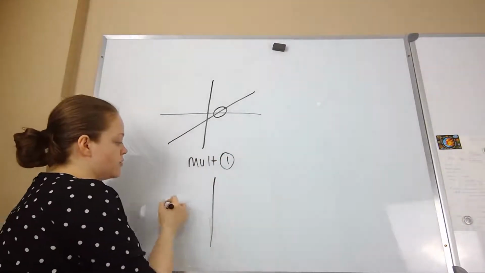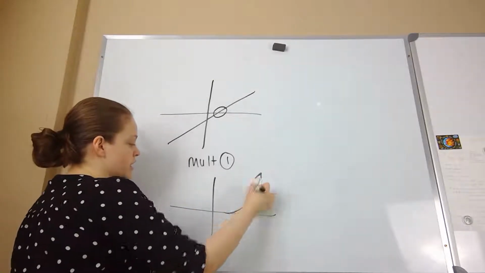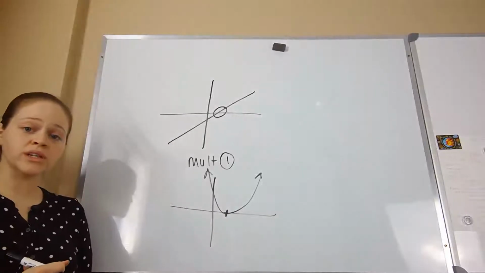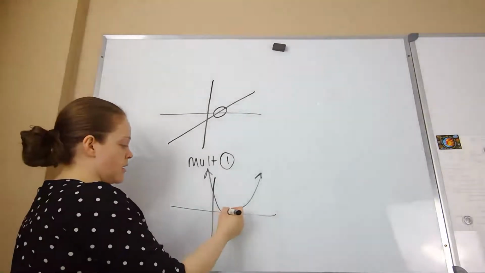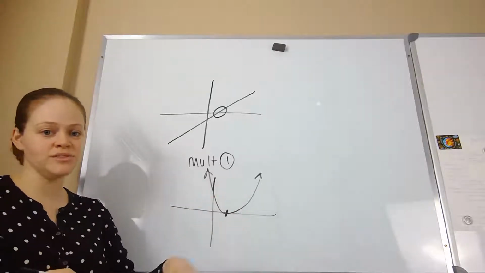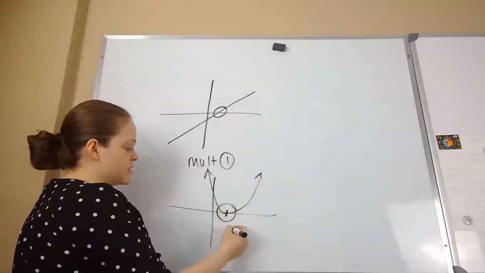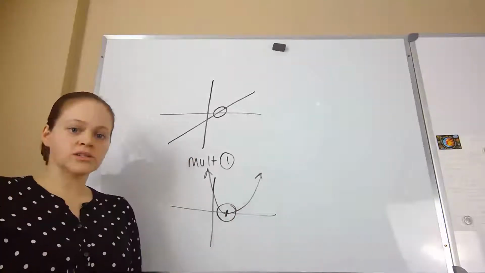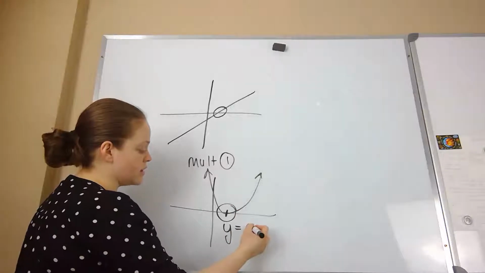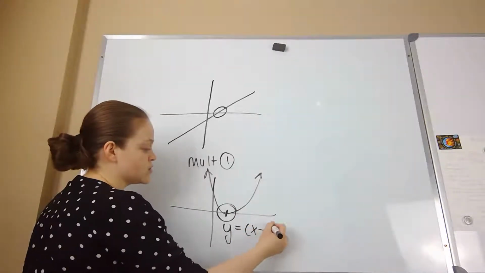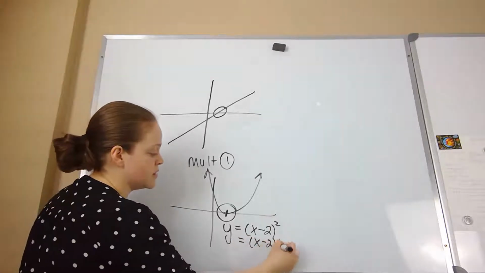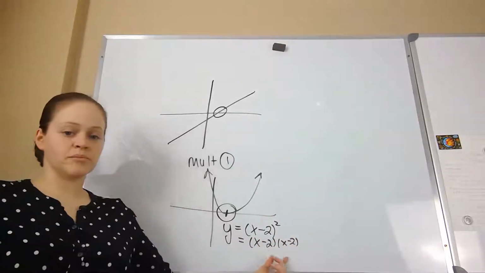When a graph touches the x-intercept, that's generally when we get into curves. This is going to be the double root. So perhaps it's a perfect square, like maybe this is y equals x minus 2, all squared. So your intercepts are 2 of the same.